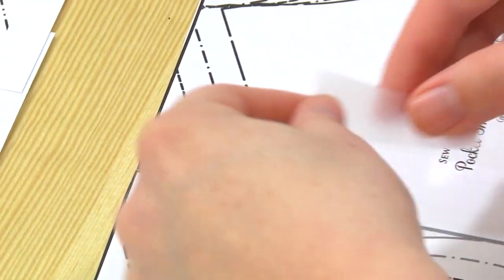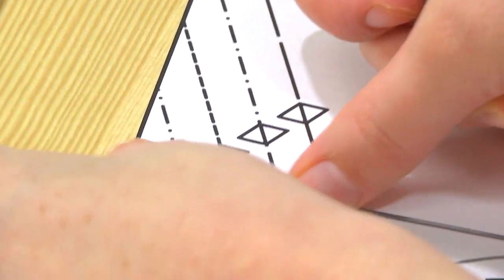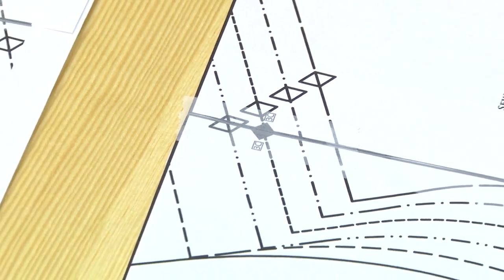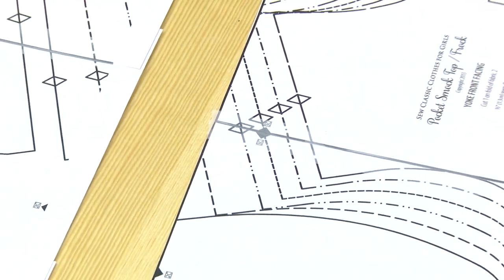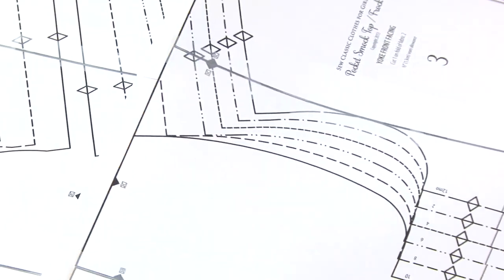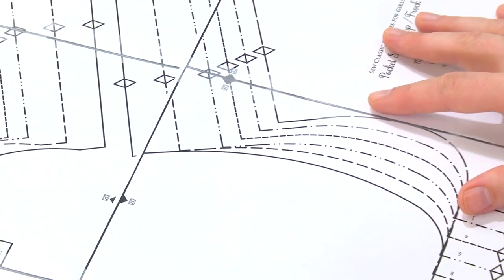Most PDF patterns also include a print diagram, so you'll be able to see what the full sheet is going to look like once it's complete, so you know if you're putting it together correctly. So now we are going to join these markings here.